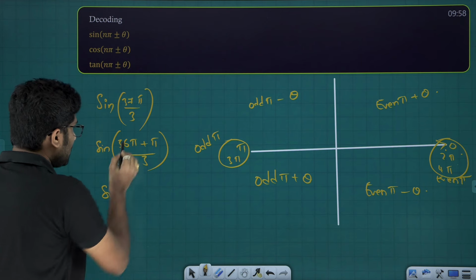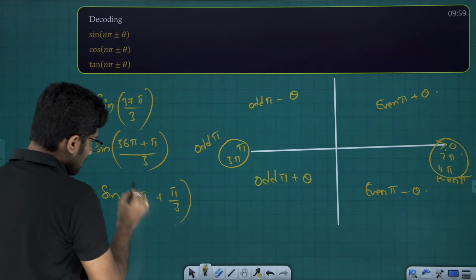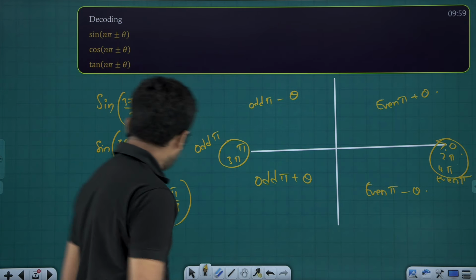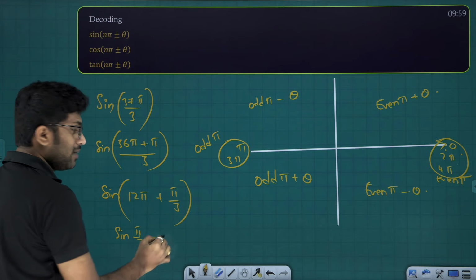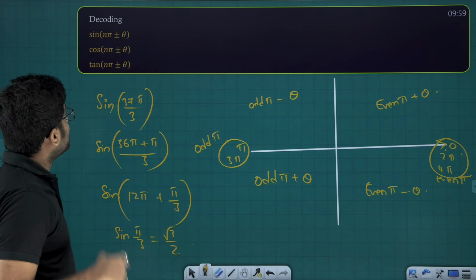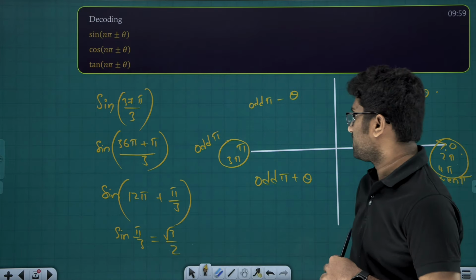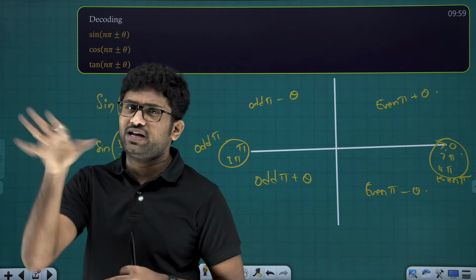So sine of 36 pi by 3 is 12 pi plus pi by 3. Now sine of even pi plus theta is in the first quadrant. So that becomes sine pi by 3, and the value of sine pi by 3 is root 3 by 2. So that's how we get sine n pi plus or minus theta, cos n pi plus or minus theta, tan n pi plus or minus theta. If we just remember these three, then we'll get the entire allied angles concept.